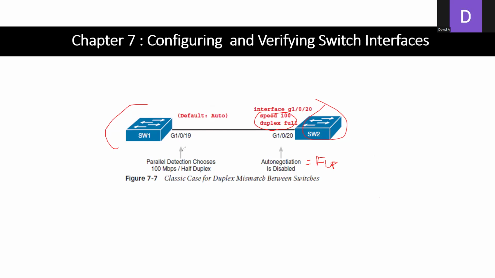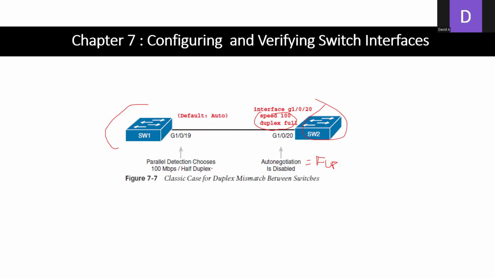The switch is going to say, based on the IEEE auto negotiation parallel detection rules, if the speed is between 10 and 100, I need to set the interface to half duplex. If it was above 100, I will set it to full. But if it's 10 or 100, it is going to be half duplex.